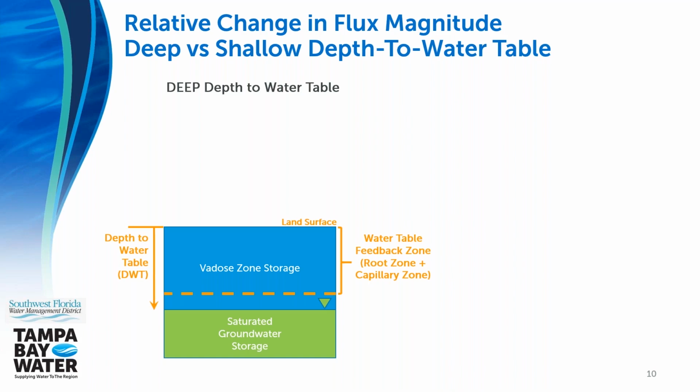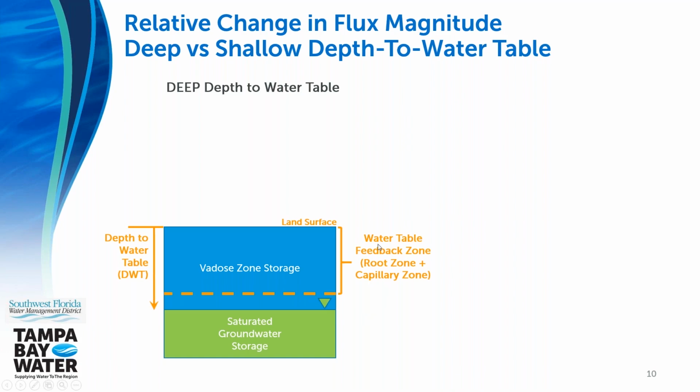The green box indicates the saturated groundwater storage, and at the top of the green box is the water table. Depth to water table is the distance between land surface and the water table. So the larger depth to water table is, the deeper below land surface the water table exists.